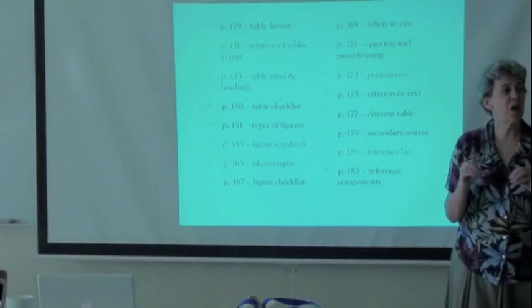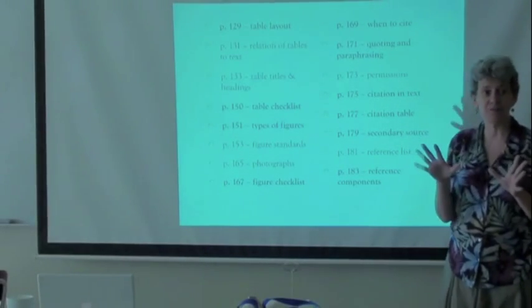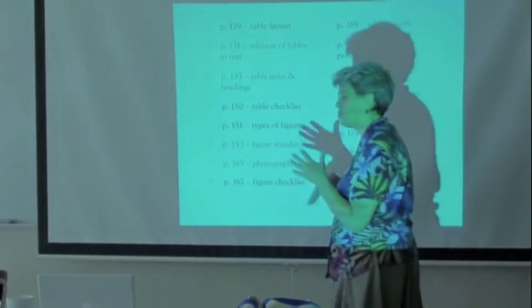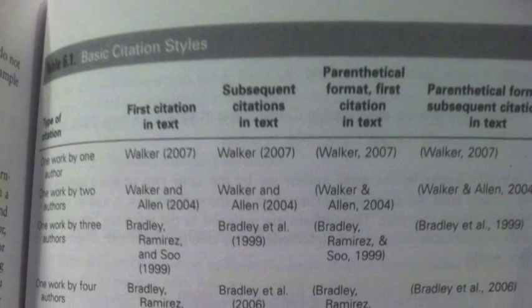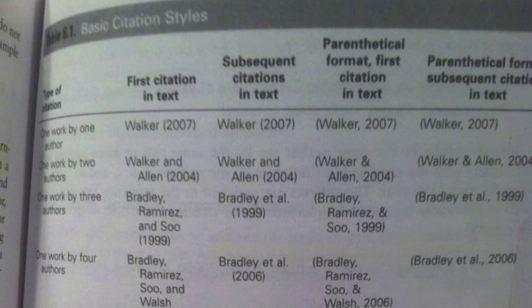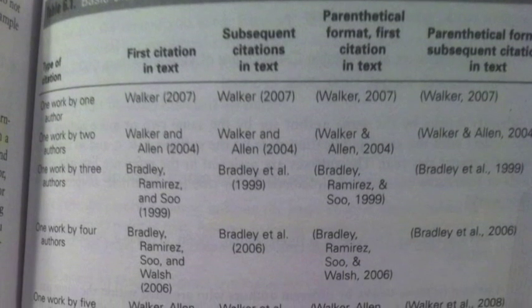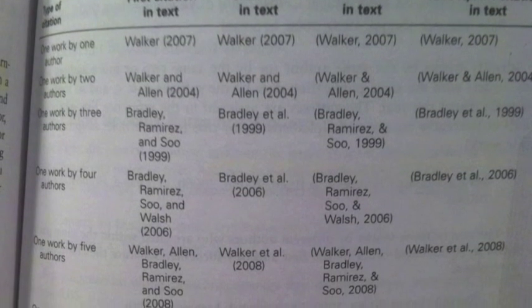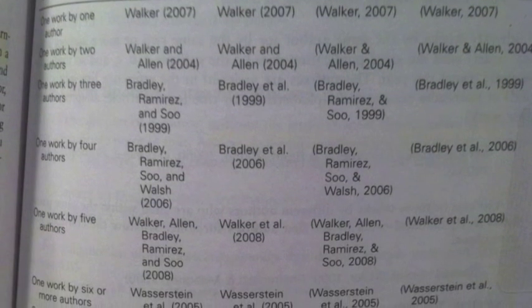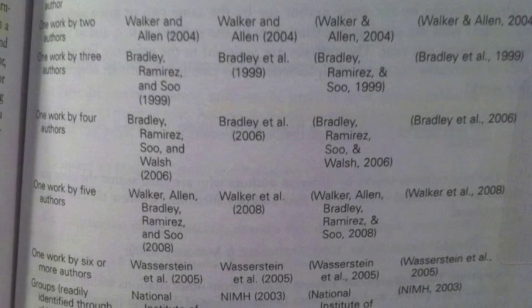This is how you talk about it as you're writing. This is not the reference list. As you're talking about it, how are you going to say it? What type of citation is it? The first citation, subsequent, how do I do it? Parenthetical information. So this tells you in a very clear way. I really like this table a lot.